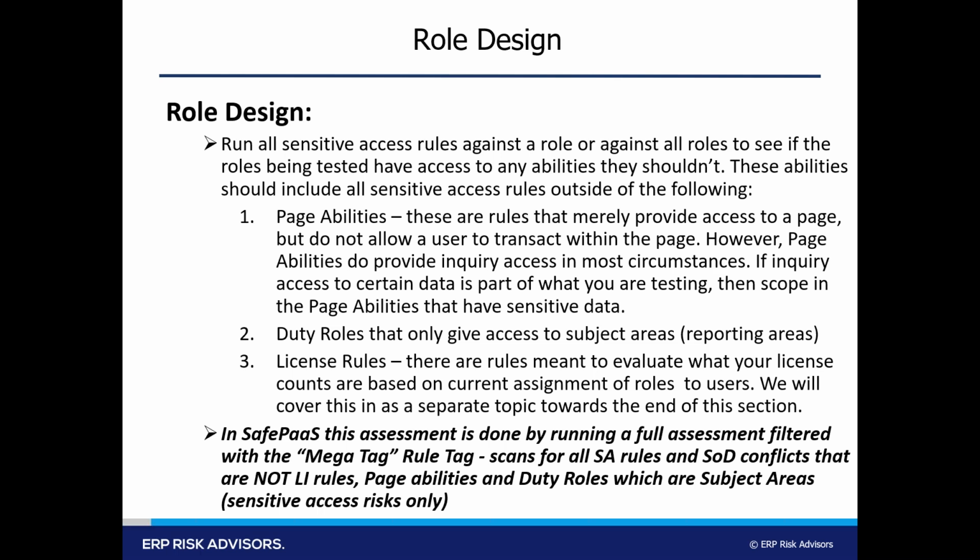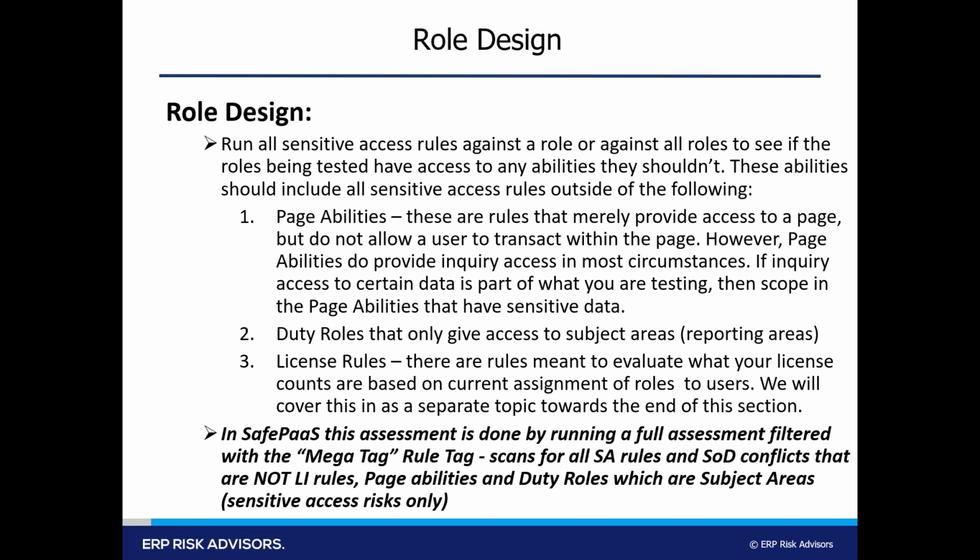That's where the negative regression testing is done and the concept of role design. That's what we do pre-go-live, and we apply that same process to patches, when a patch is applied on a quarterly basis, and when roles are modified during the change control process.